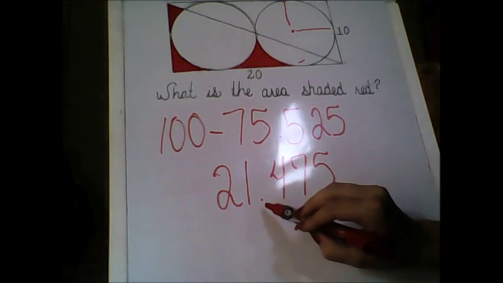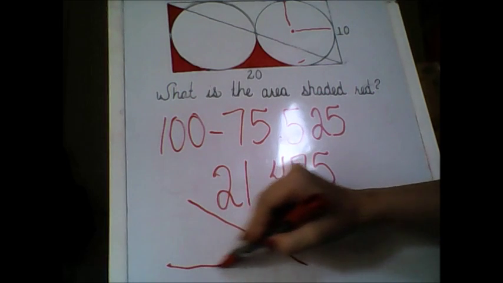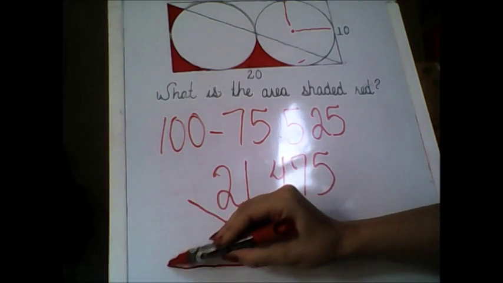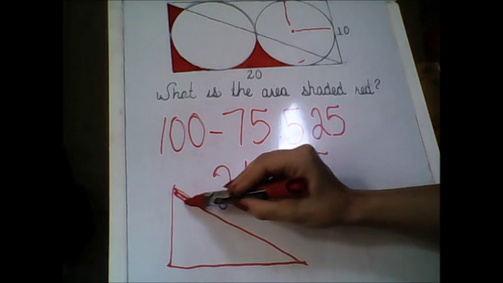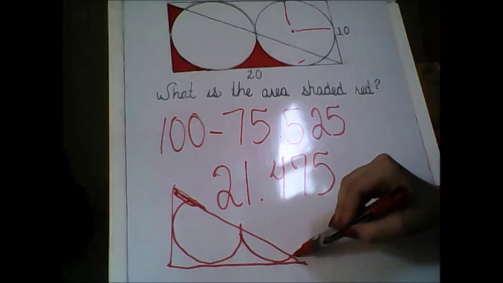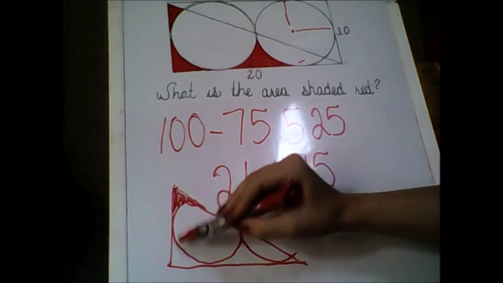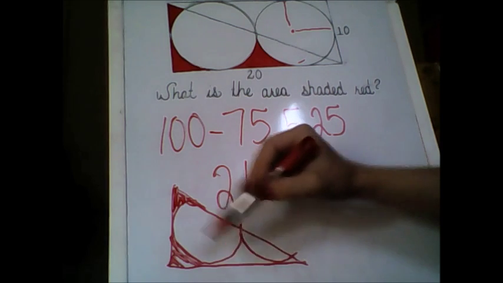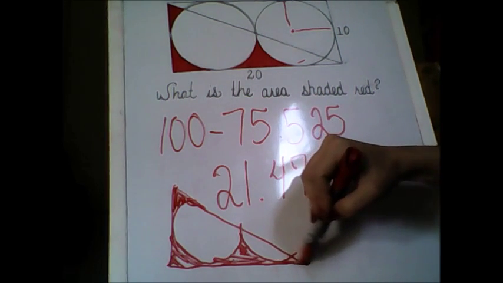Now, what this is, is this triangle with this part of the circle cut out and this part of the circle cut out. So it's this one, this part in the middle, and this part.